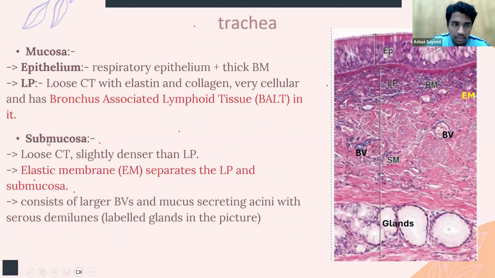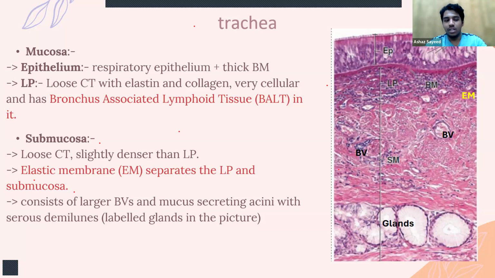Starting with the mucosa, the epithelium, as we talked about before, is respiratory epithelium with a thick basement membrane. The lamina propria has unique structures called bronchus associated lymphoid tissue. That's for immunity. Just know the name. Other than that, it's pretty normal.